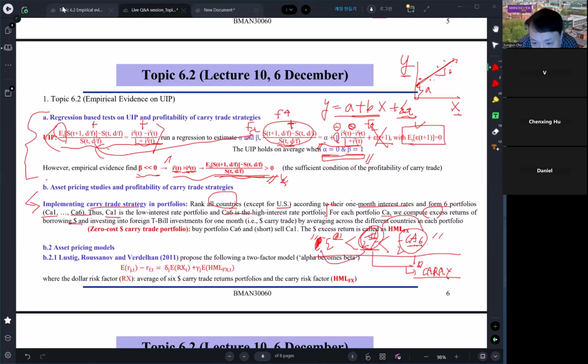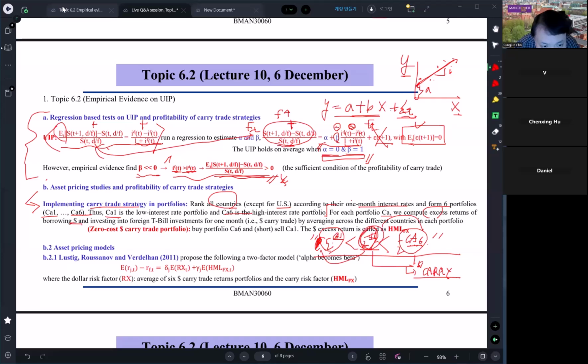What about this one? If you borrow dollar and invest into CA1, that's not carry trade. Carry trade means you have to borrow CA1, the low interest rate currency, and invest into dollar. So this is the reverse carry trade. You borrow the high interest rate currency, dollar, and invest into low interest rate currency.